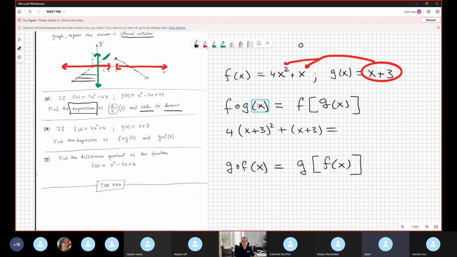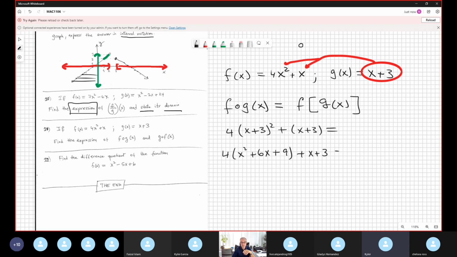No. You manipulate a little bit, put it in an elegant way. Of course, I FOIL this. This is 4 times x squared plus 6x plus 9, plus x plus 3.